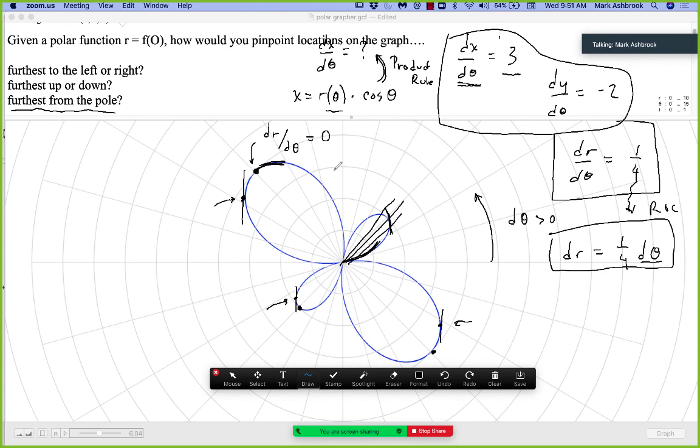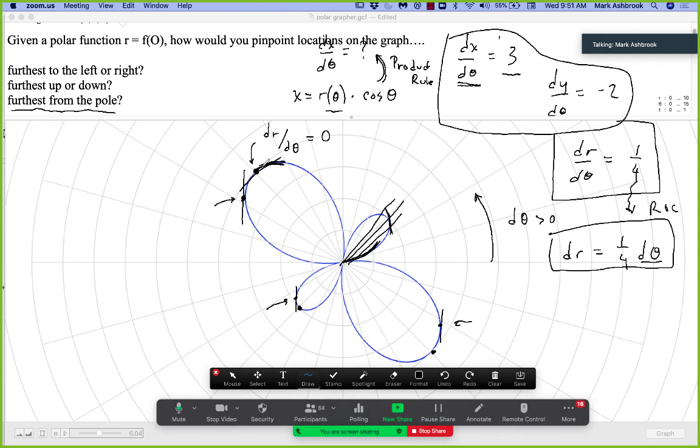So this is like a true local maximum of the polar graph. A local maximum of the polar graph would be where we have a maximum r at a moment, right? And that's going to happen when you're tangent to a constant r. So that means we want dr d theta to equal 0. r is not going to change for a moment there.